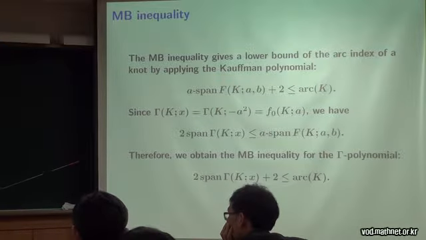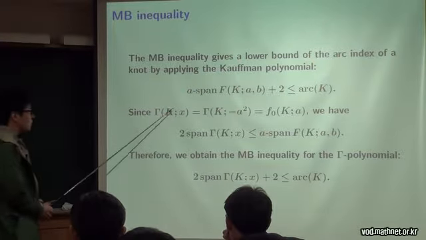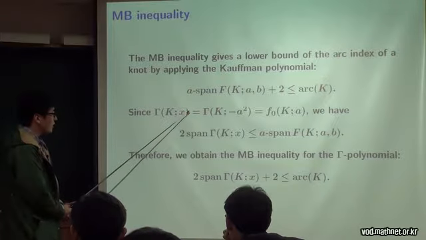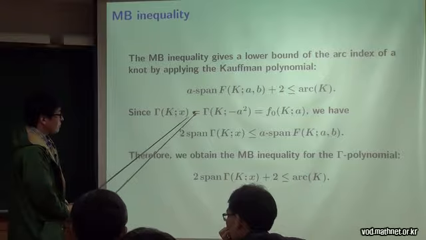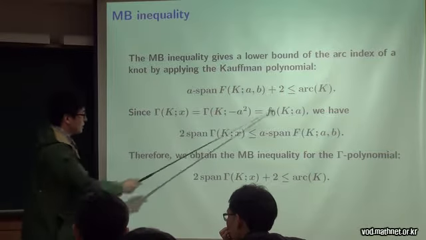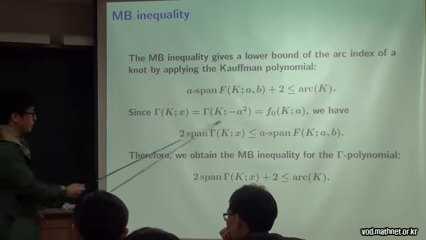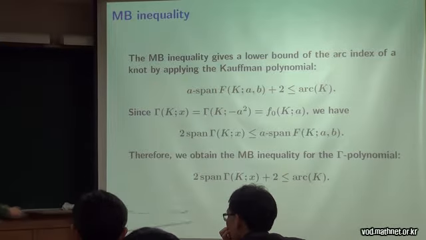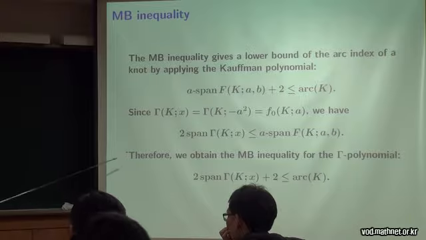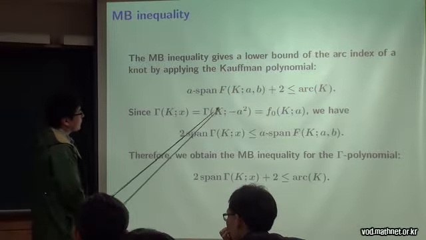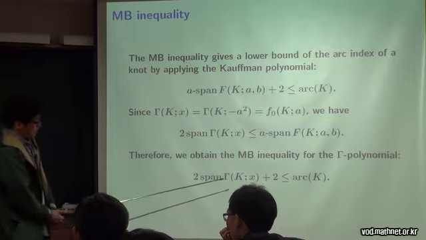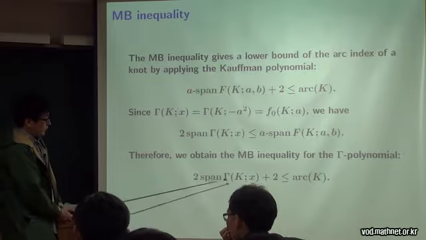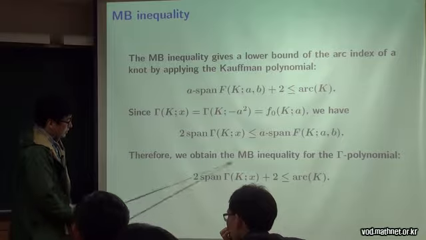And the gamma polynomial also contains the zeroth coefficient polynomial of the Kauffman polynomial. So we have a natural inequality like this. By using this inequality and this inequality, we obtain the Morton-Beltrami inequality of the gamma polynomial like this.